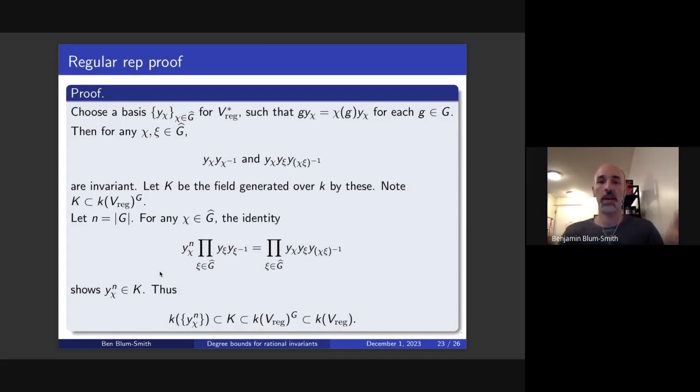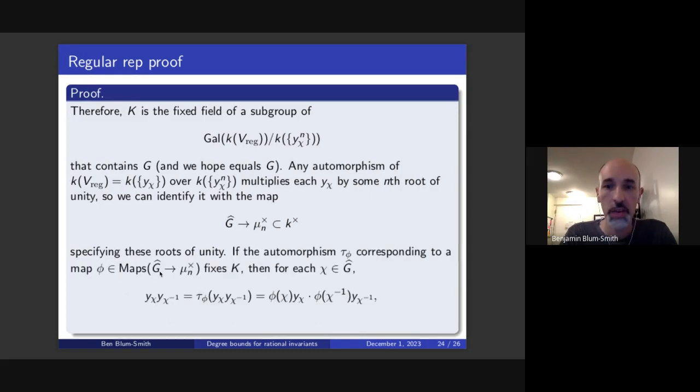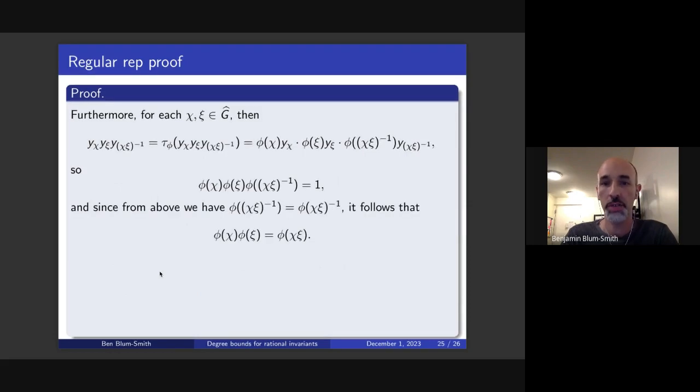That tells you that you're inside a Galois extension whose Galois group you explicitly know. So you write down what that Galois group is. You identify it with maps from G's character group to roots of unity. And then you ask: the fact that it fixes the degree 2 and 3 invariants, what does it tell you about that map? You get conditions on the map from the invariants you explicitly wrote down. And you find out that the map preserves inverses, and then that it even preserves the group operation in the character group.